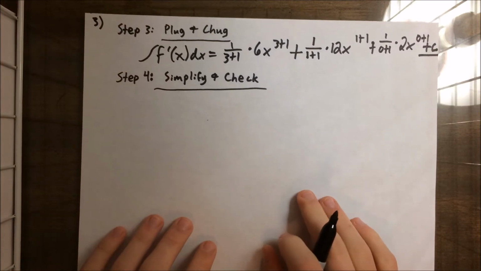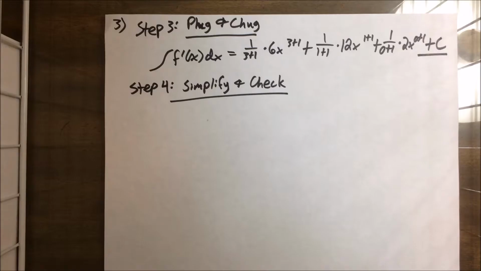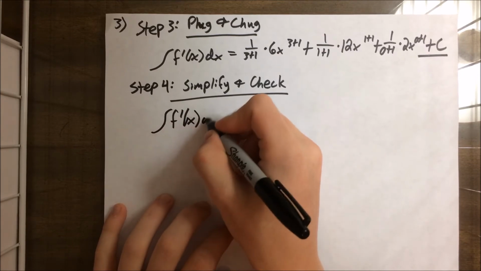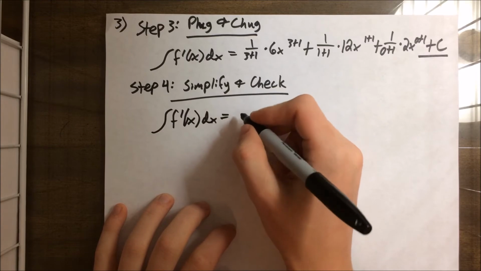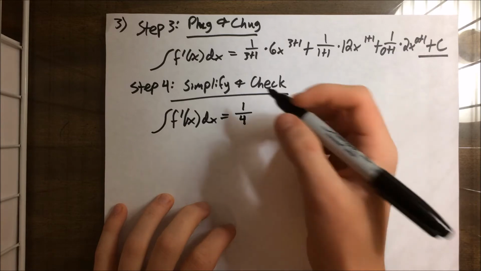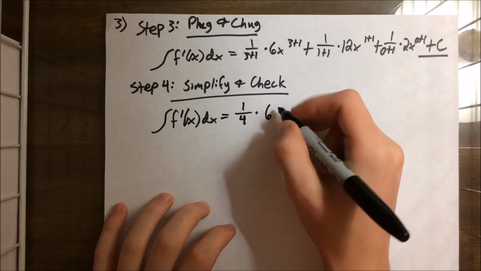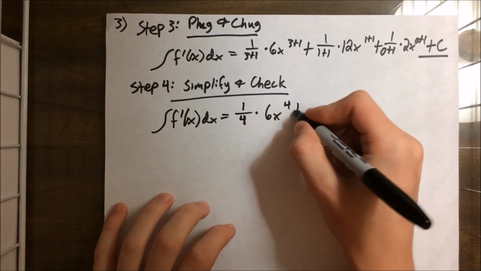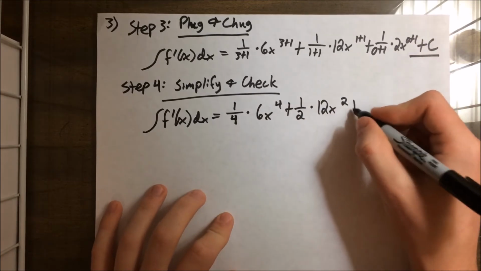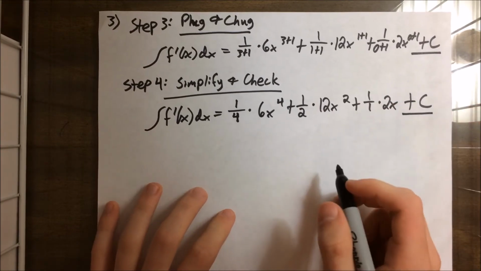Don't forget that. Okay, step 4 is to simplify and then check our work. So the integral of f prime of x dx is equal to 1 over 4 times 6x to the 4th plus 1 over 2 times 12x squared plus 1 over 1 times 2x, and then plus c. So don't forget that.